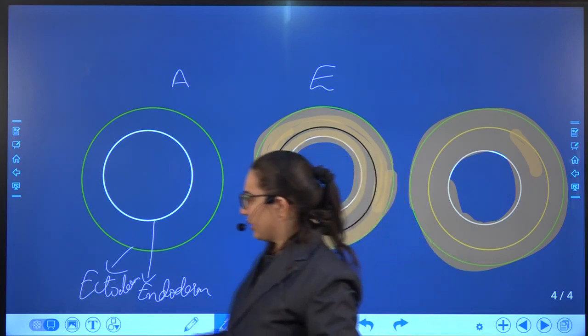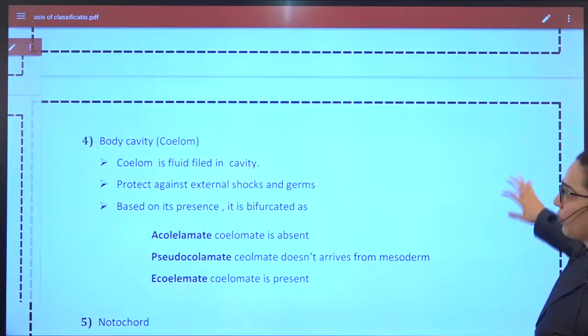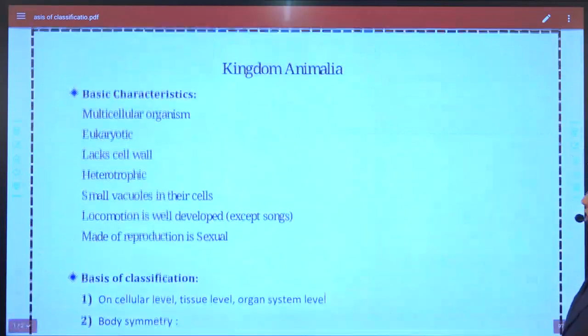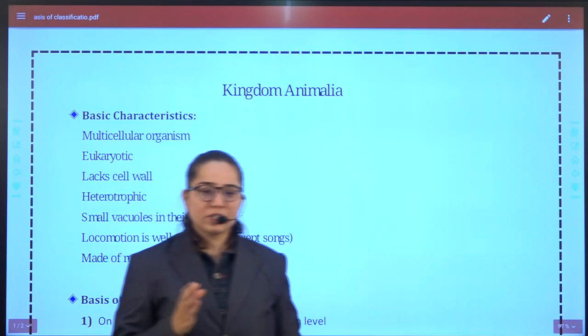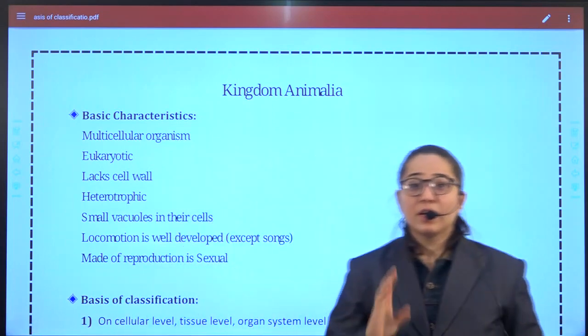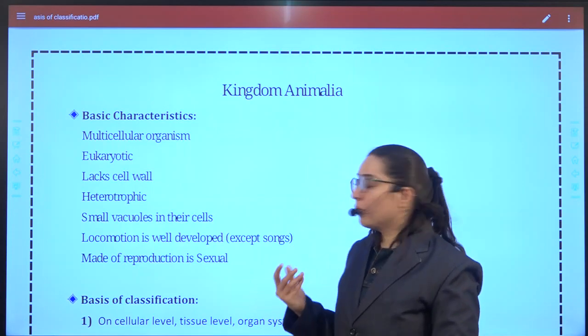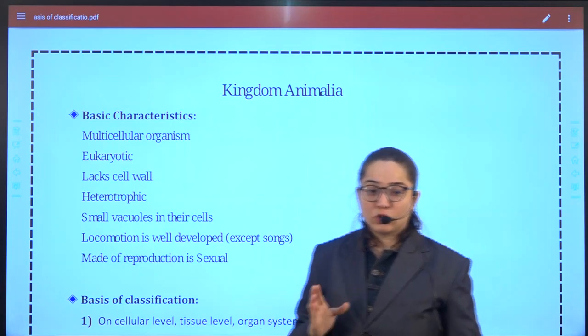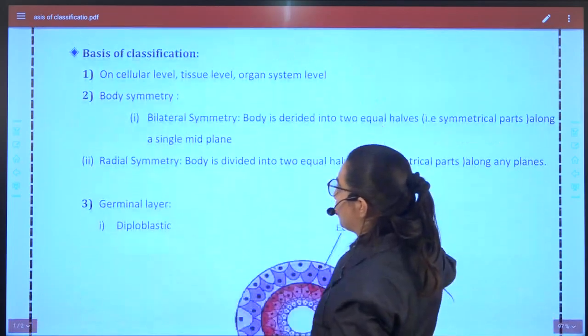What we have done today are the basic things. The very first part, the basic characteristics: they are multicellular, eukaryotic, lack a cell wall, are heterotrophic, and have vacuoles present but very small. The mode of reproduction is sexual, and locomotion is well developed except in sponges.